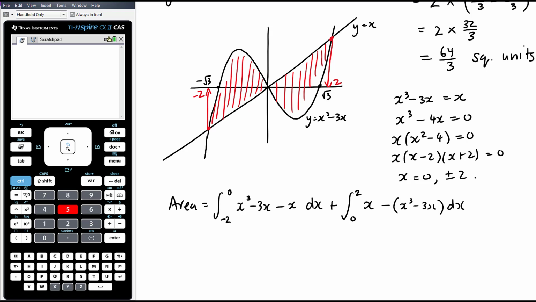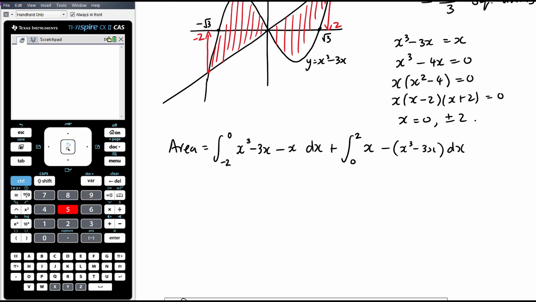Okay, so we could do it that way, or actually because we recognise that those are both the same, we can just do two lots of one of those integrals, and I'd prefer to substitute in the positive numbers. So I'm going to do two lots of the right hand side. Again, be careful about subtracting the functions. If your second function has more than one term, you're subtracting the whole of the second function.